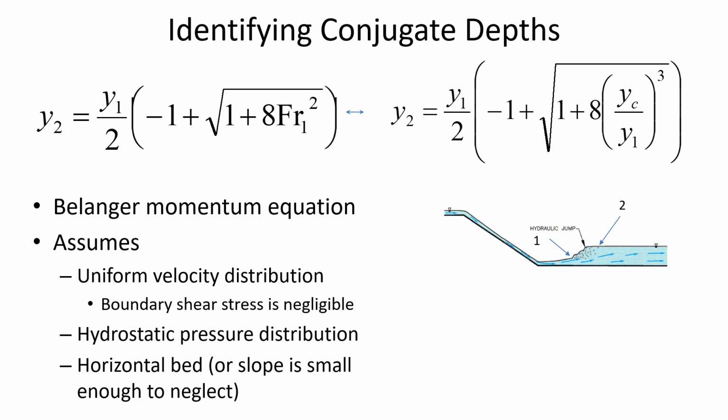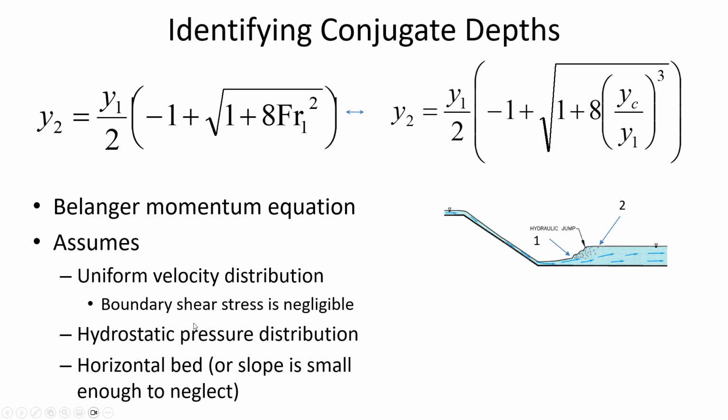What we know from the no-slip condition and from the shear stress applied by the bottom of the channel is that in the real world, the velocity is fast at the top and slower at the bottom, and there's a velocity profile. This equation doesn't have that level of sophistication to account for a velocity profile. So that's the first way that this equation is inaccurate: it doesn't directly account for shear stress or energy loss as you're going downstream prior to the hydraulic jump.